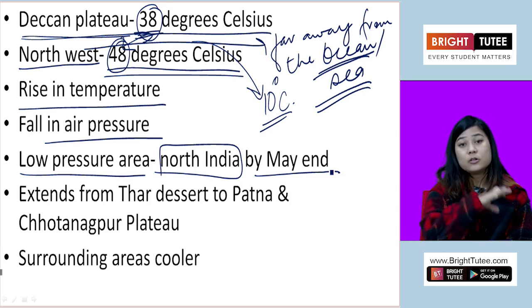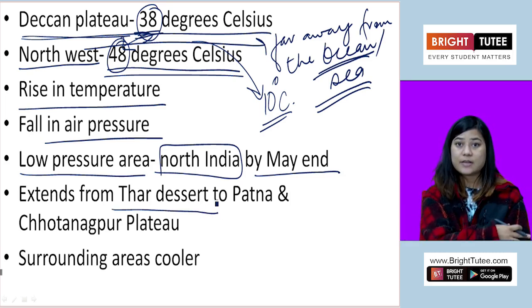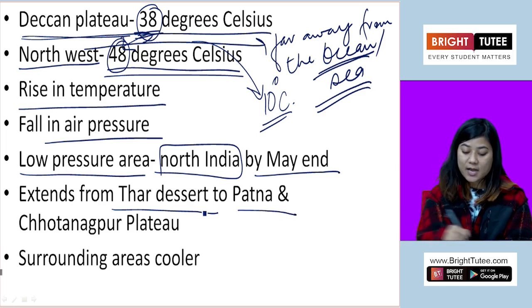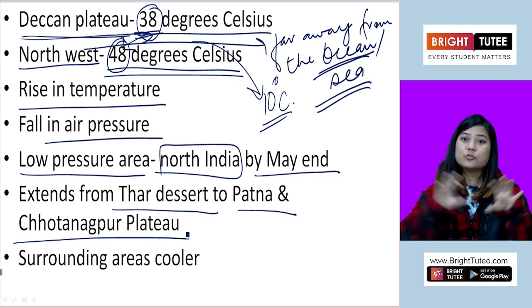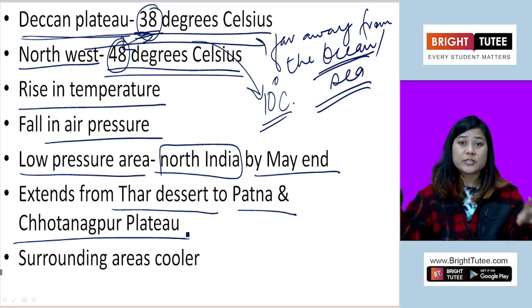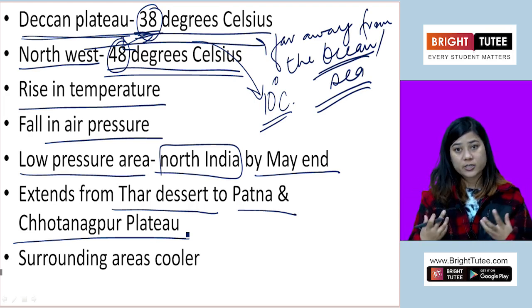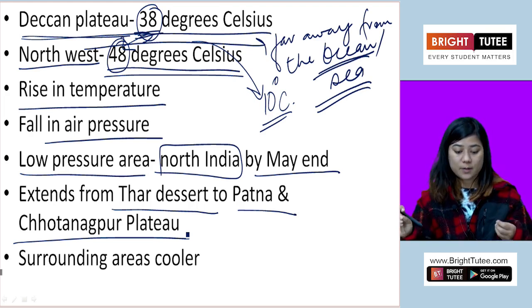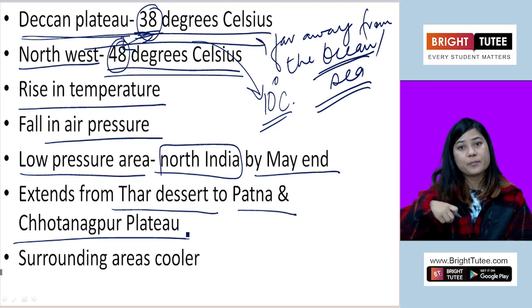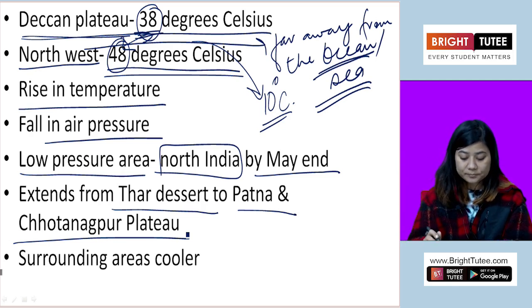This low pressure area extends from the Thar Desert in Rajasthan to Patna and the Chota Nagpur Plateau in the east. So from west to east, the whole stretch of land experiences low pressure conditions. This low pressure develops because of the fall in air pressure and increase in the temperature.